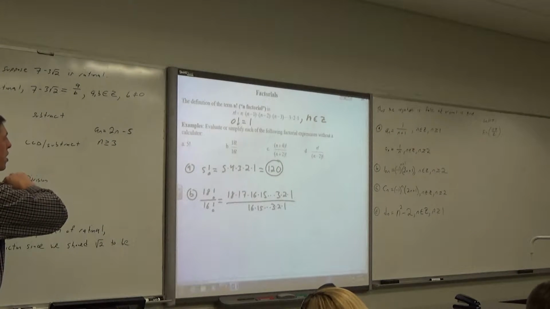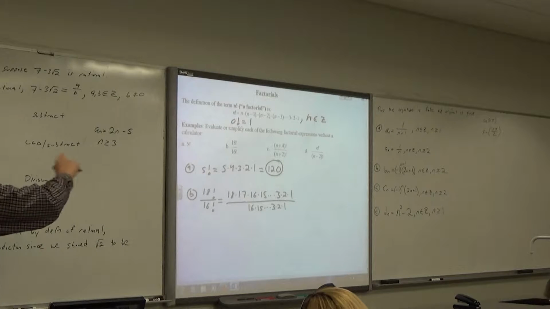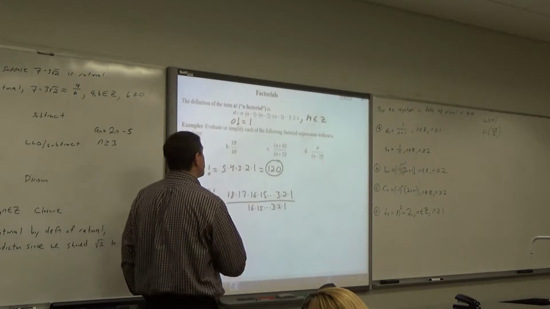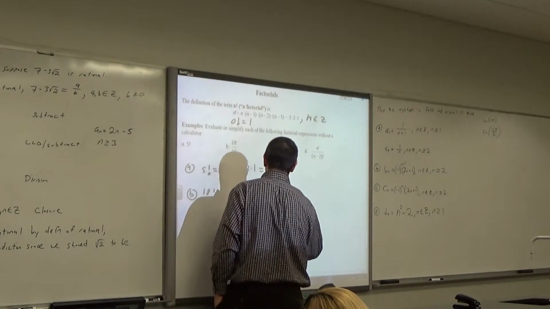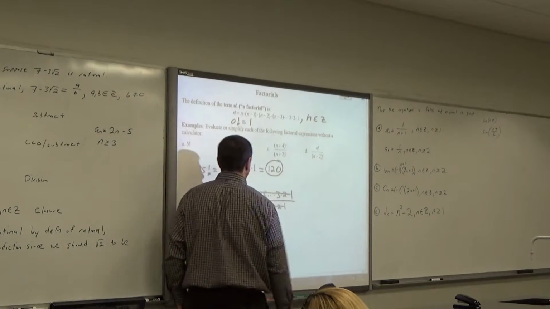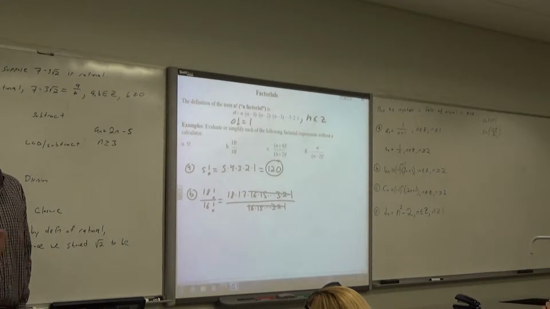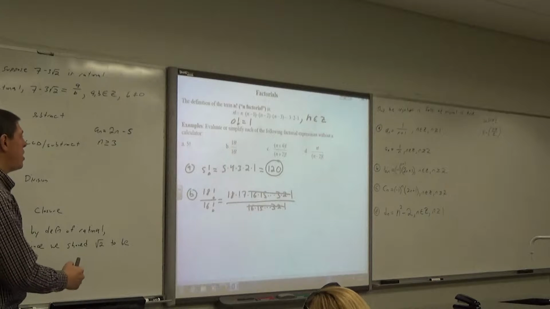Everything from 16 down to 1 cancels out because we're dividing. It's not a collapsing series, because it's not a series or a sequence, but it's a collapsing form of something. So we're just left with 18 times 17.